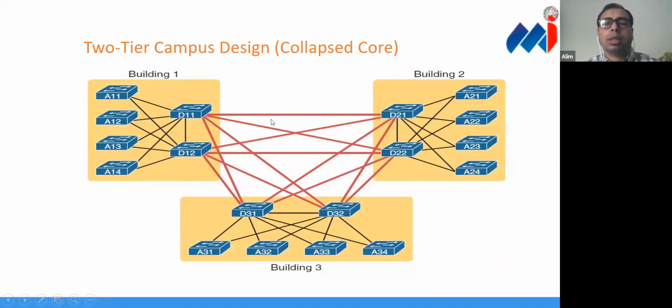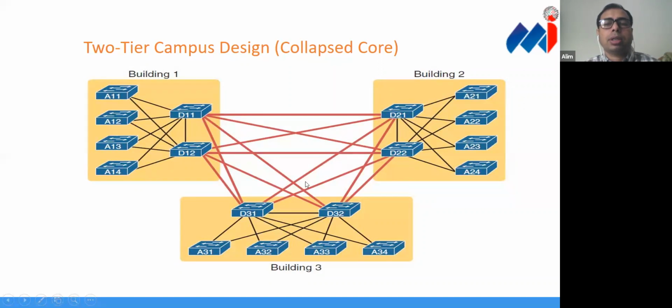Distribution switches are also connected with other distribution switches in a mesh connection. Mesh means every point is connected to every point. But it is not a practical network.